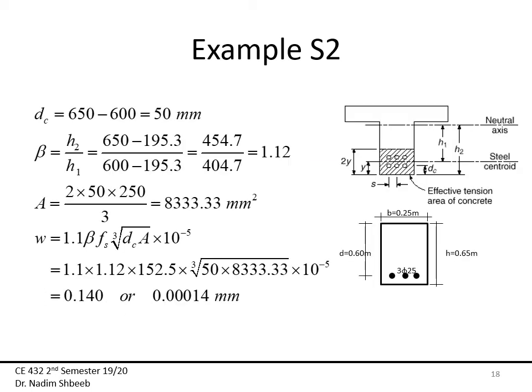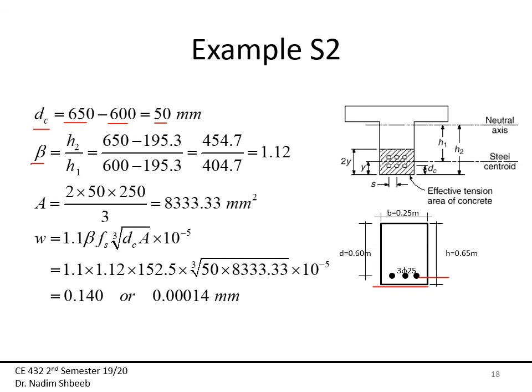So now moving on. To help us in the calculations, I added these two figures. First of all, we're going to start with finding dc. Again, dc is the distance from the outermost tension face to the center of the reinforcement. In that case, it would be h minus d, and that will give me 50 millimeters. Now moving on to calculating beta. For that I need h2 and h1. h2 is the distance from the neutral axis up to the outermost fiber of the tension face.